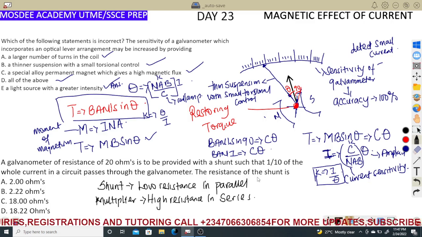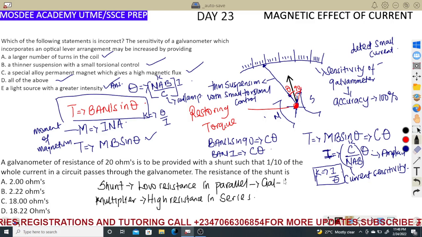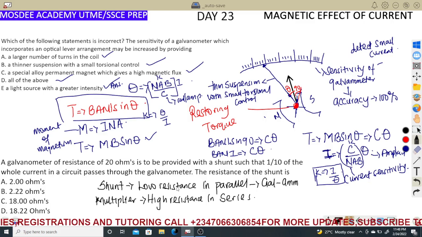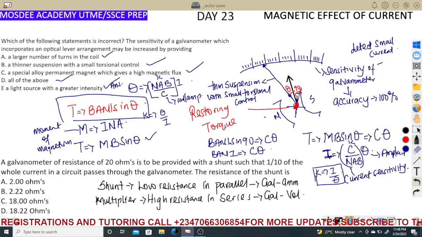Now, when you convert a galvanometer to an ammeter, you use a shunt. A low parallel resistance is connected across it. But when you convert a galvanometer to a voltmeter, you use a multiplier, where you need a high series resistance. I hope you are jotting that down because it's very, very important.